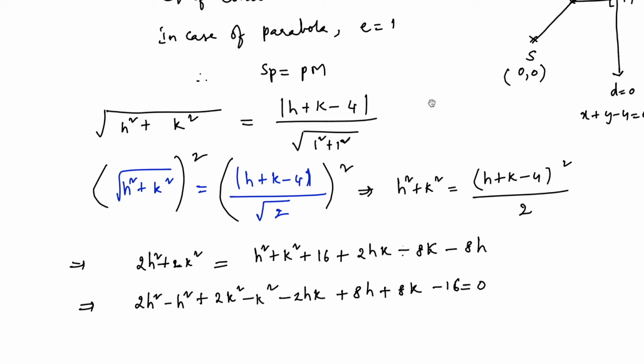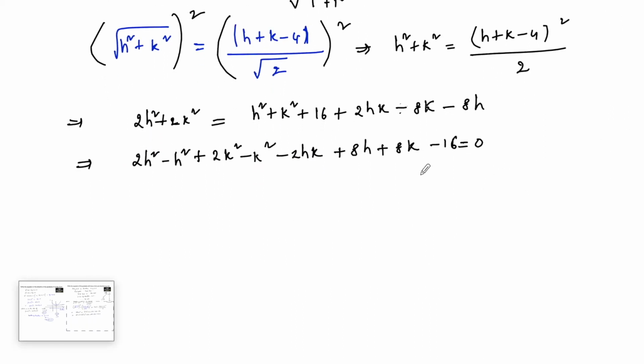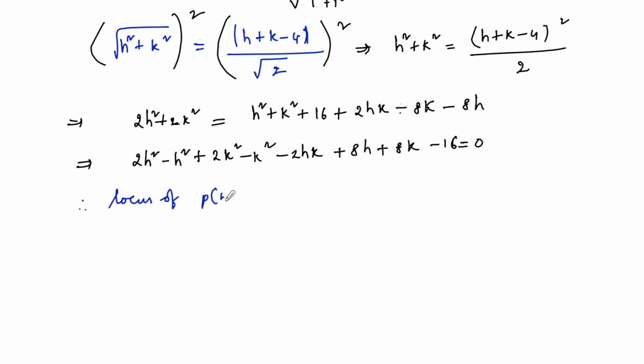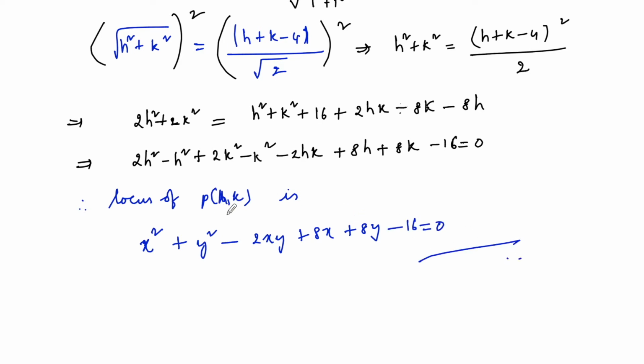Since (h, k) is a moving point, the locus of the point (h, k) can be considered: 2h squared minus h squared, that is h squared, so we can take x squared, and 2k squared minus k squared, that is k squared, we can consider y squared, minus 2xy plus 8x plus 8y minus 16 equals 0 is the equation of the moving point, which is a parabola.